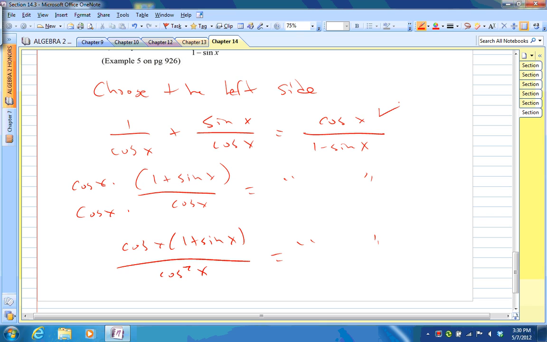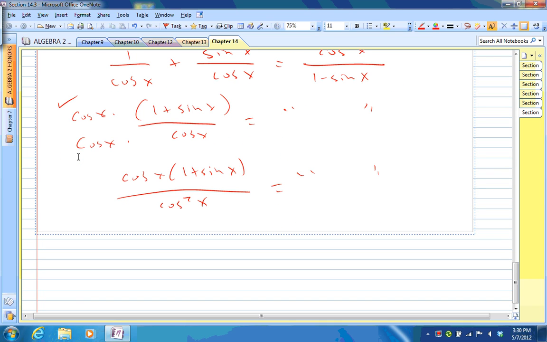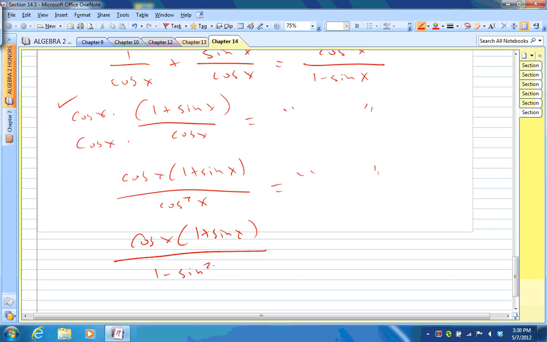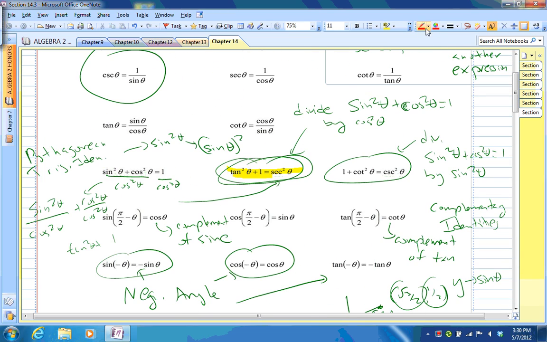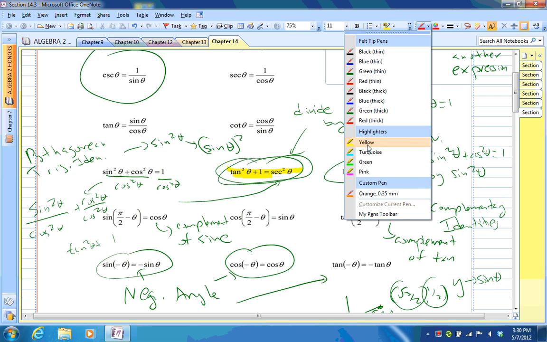Because I have cosine x in the numerator, so I must have cosine x in my numerator here. And instead of doing the top and bottom for the left fraction, that's fair treatment. Now the bottom becomes this. That's just using this property right here.